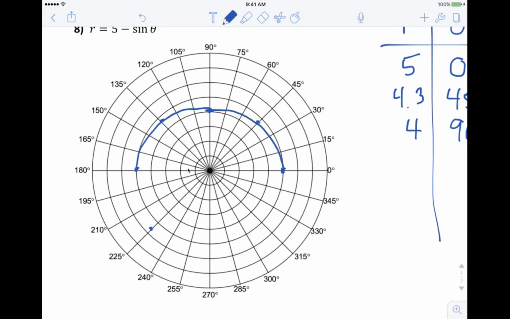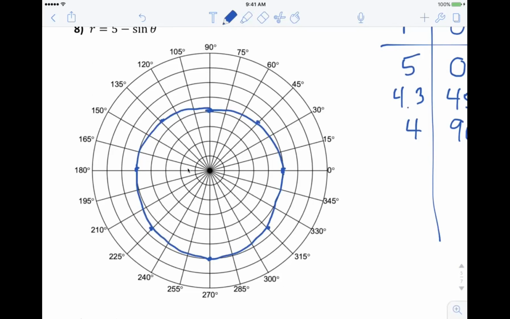And then at 270, we do get 6. And then back to 315, back to 5.7. And then I'm back full circle. So eventually these will start to overlap or go back to where you started. And there's my best graph I can do right now.